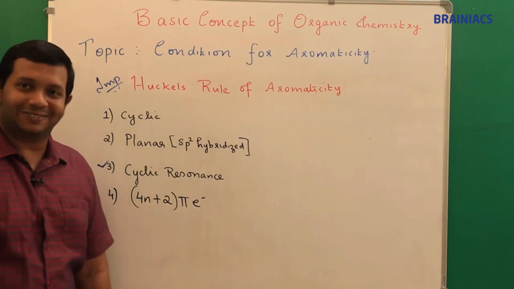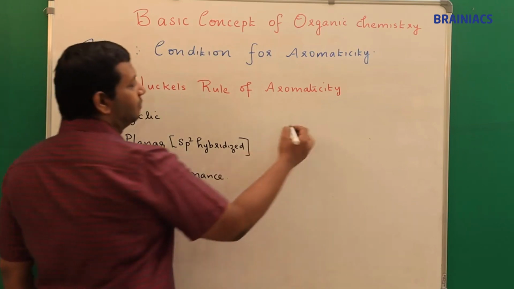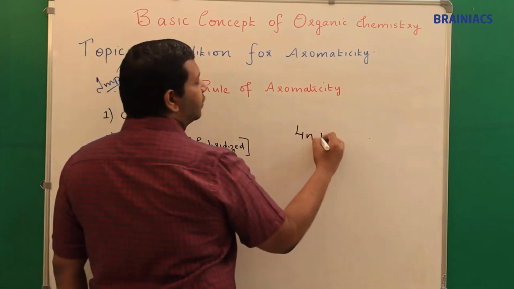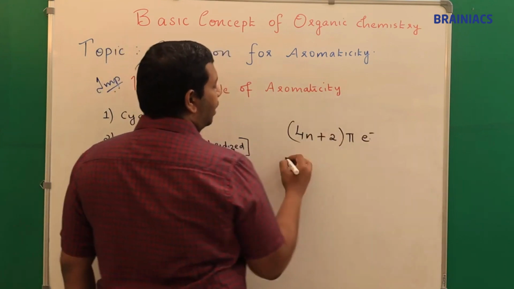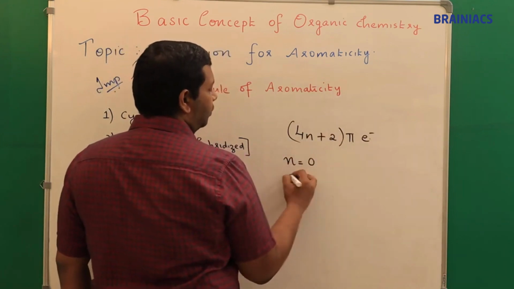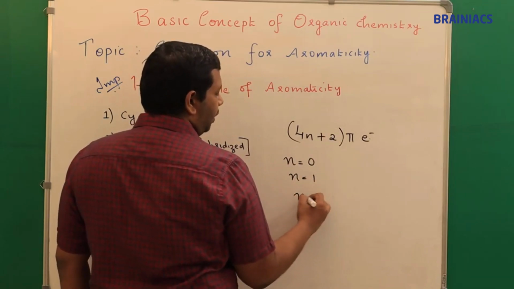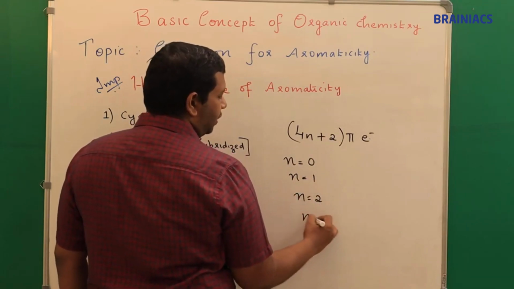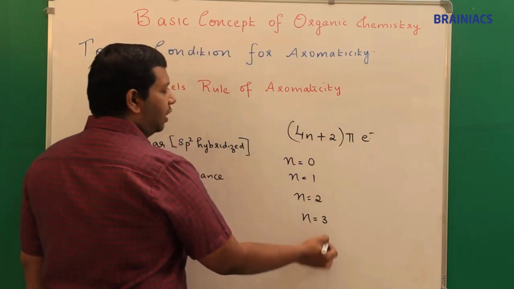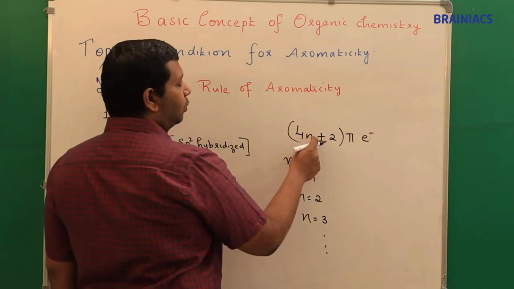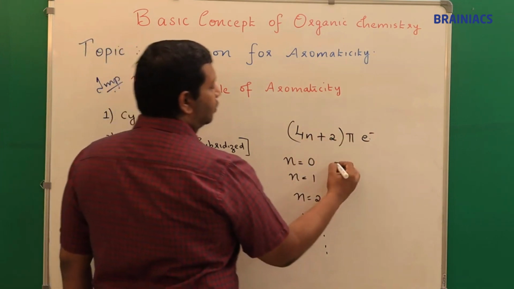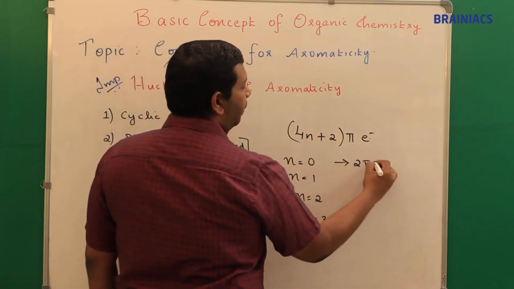What is this 4n plus 2 pi electron? Listen here, very simple. 4n plus 2 pi electron means put different values for n. n is equal to 0, n is equal to 1, n is equal to 2, n is equal to 3. When you keep 0, 4 into 0, 0 plus 2, so how many pi electrons will come? 2 pi electrons.